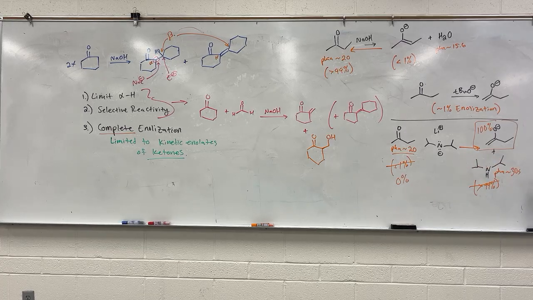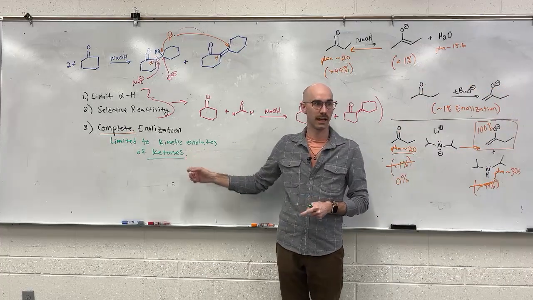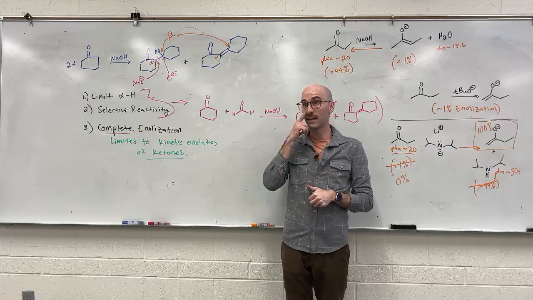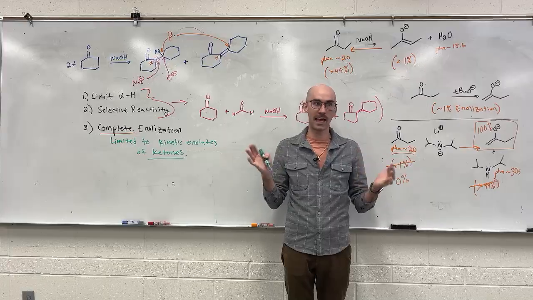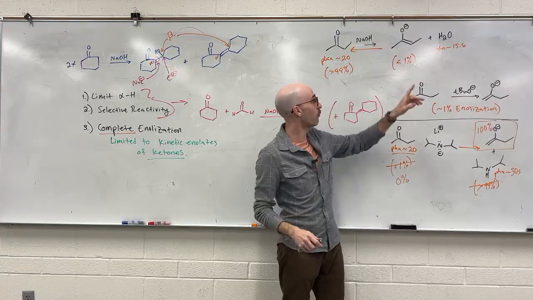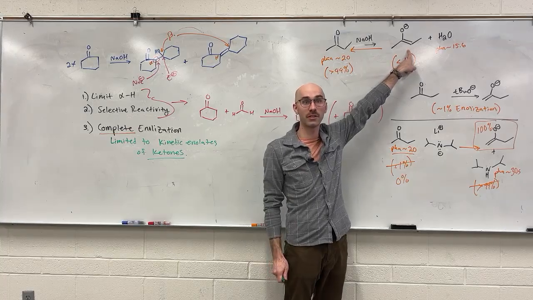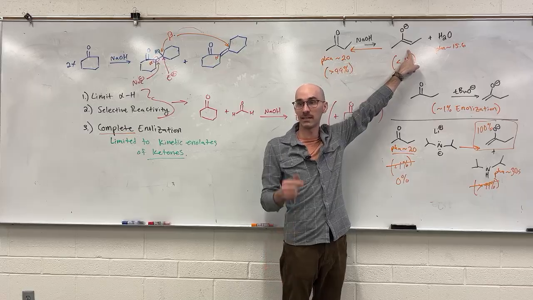So LDA forms 100% enolate of aldehydes and esters, and there's never a question about what that enolate looks like. But some ketones have both a thermodynamic and a kinetic enolate, and LDA is limited to the kinetic enolate. So there is a bit of a regioselective issue. If I wanted my nucleophile from a ketone to attack the more substituted side, I wouldn't really be able to take advantage of complete enolization.